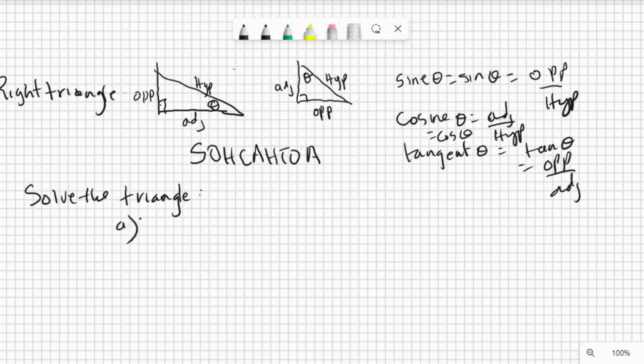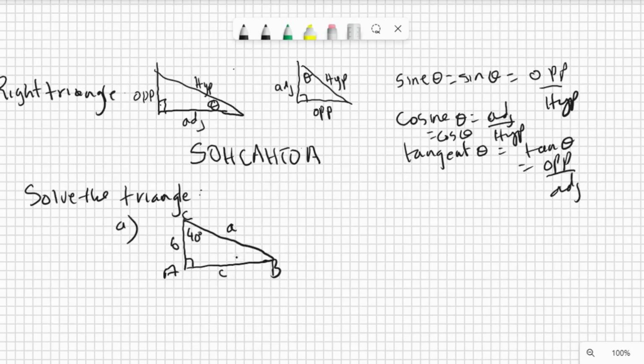Let's see the first one as if we are given this angle as 40°, and this as 90°, and this as A, B, and C. The side opposite to angle A is usually called small letter a. The side opposite to angle B, capital, is small b. The side opposite to angle C is called small c.